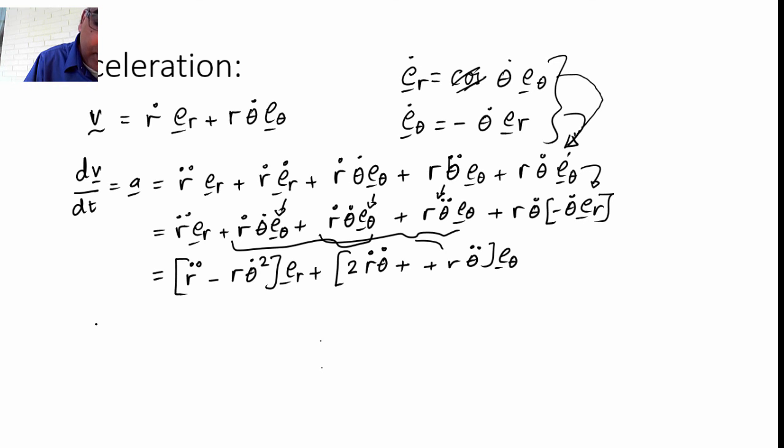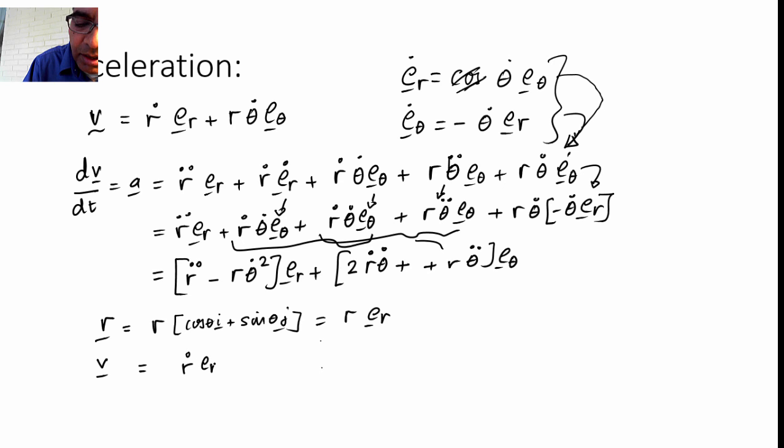So you can see that the position vector is r times cos theta i plus sin theta j. That's what everything starts from. This is r e_r, and then velocity is r dot e_r plus r theta dot e theta.